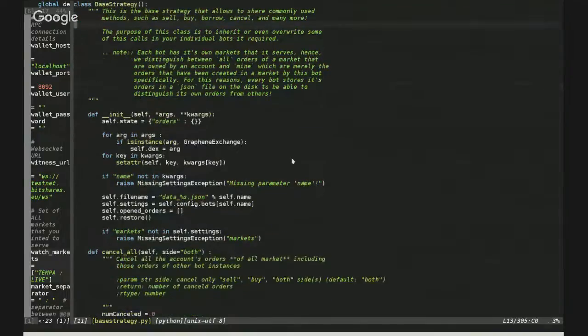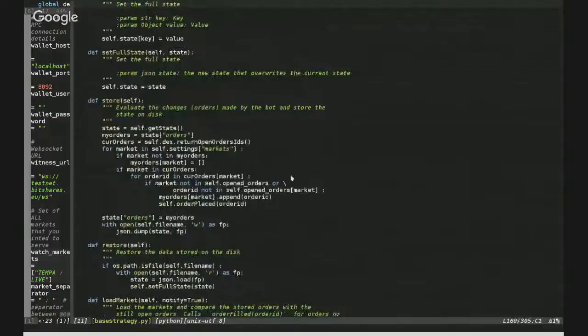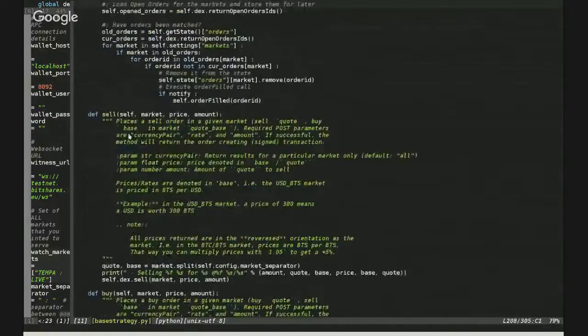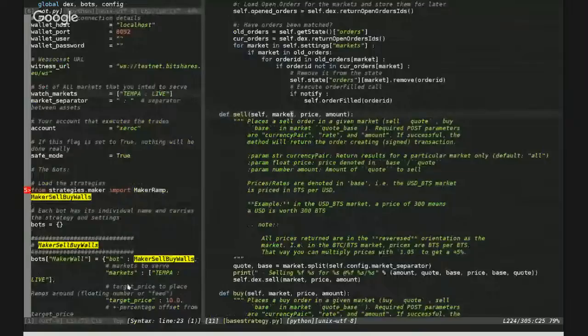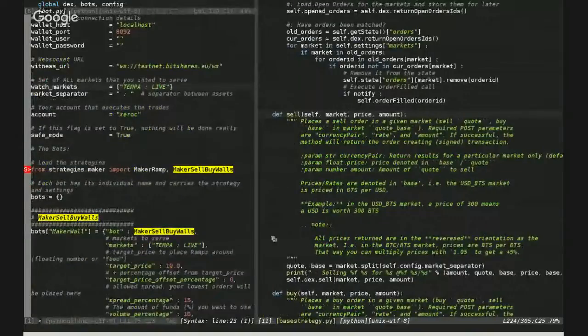And for instance, let's take a look at the sell order. Here, sell. Thing is, we sell at a given market. So for instance, in this market here, temp A live, this is the market.